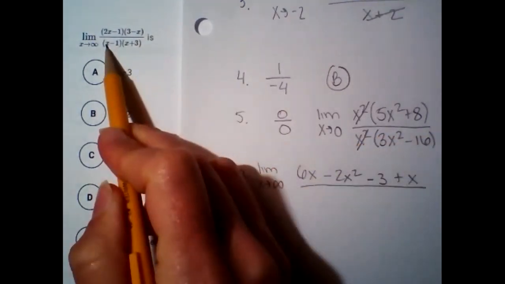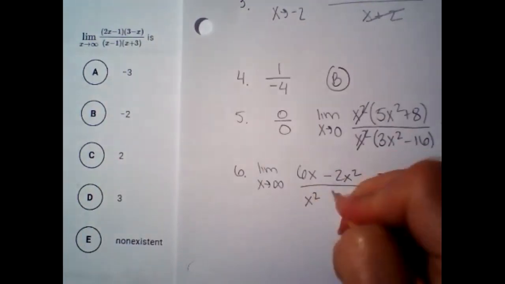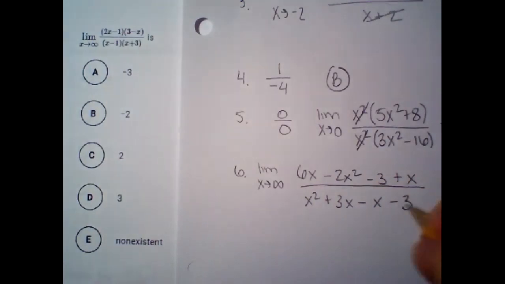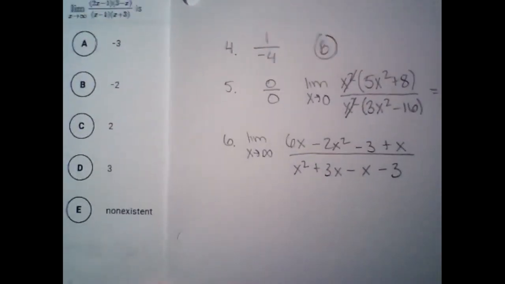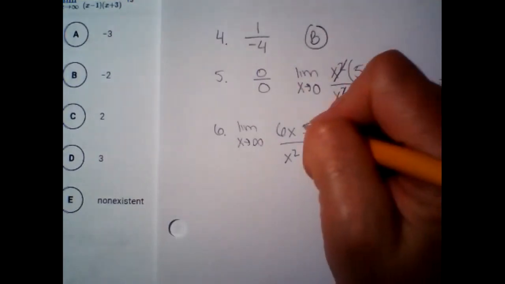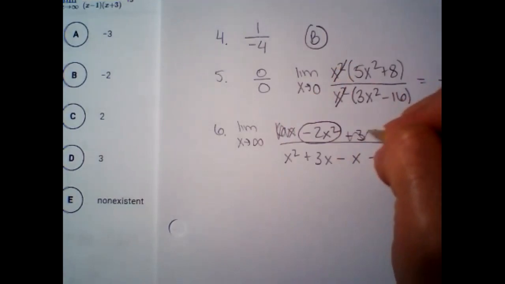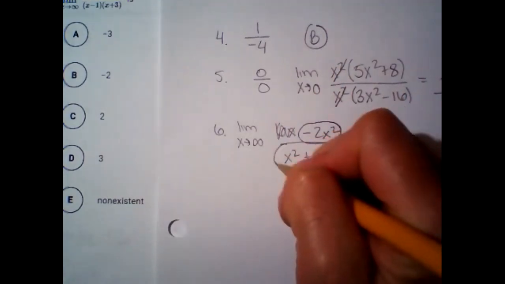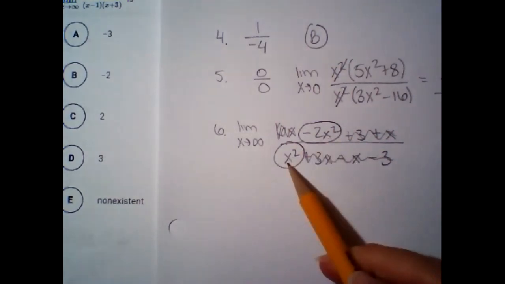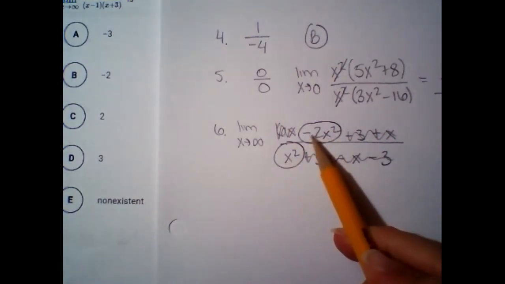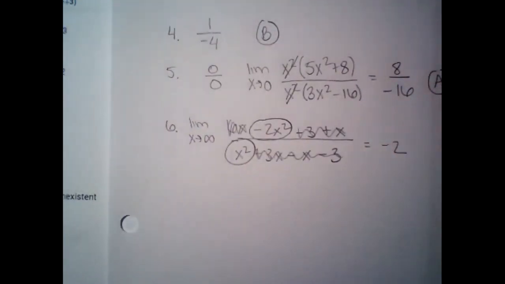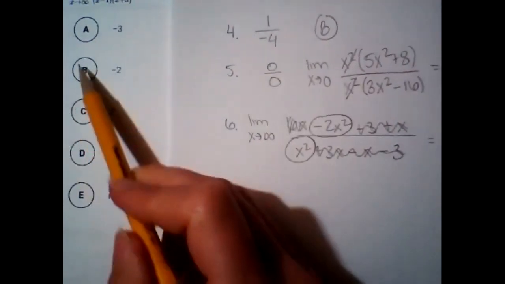And in the denominator, I'm going to have x squared plus 3x minus 1x minus 3. So I had to multiply all that back together to be able to see all the powers. Who's in charge of the numerator is this term, and in the denominator would be just the x squared. Since they are a tie, we're going to use the coefficients, which would be negative 2 over 1. So that would just be negative 2. And so that one was B.